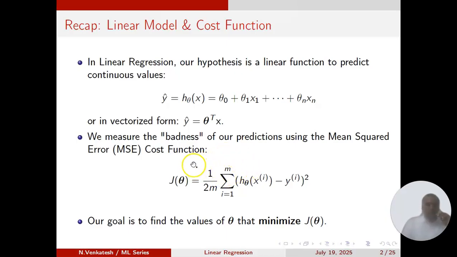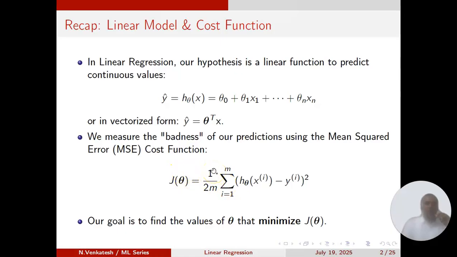Okay, so it can also be solved analytically. That is, you have a function f of x and you want to find the x at which f of x is minimum. That can be solved by using calculus properties.